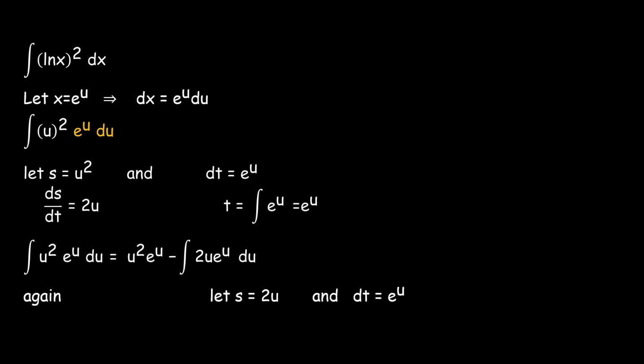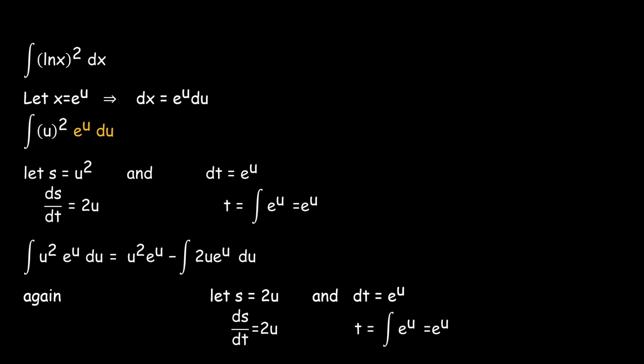Once again, we let s be 2u and dt be e to the power u. Remember, I said before in the first half of the video, you have to choose your variable in such a way that when you differentiate, its power is decreasing, right? So when you differentiate 2u again, its power will decrease and go to 0.